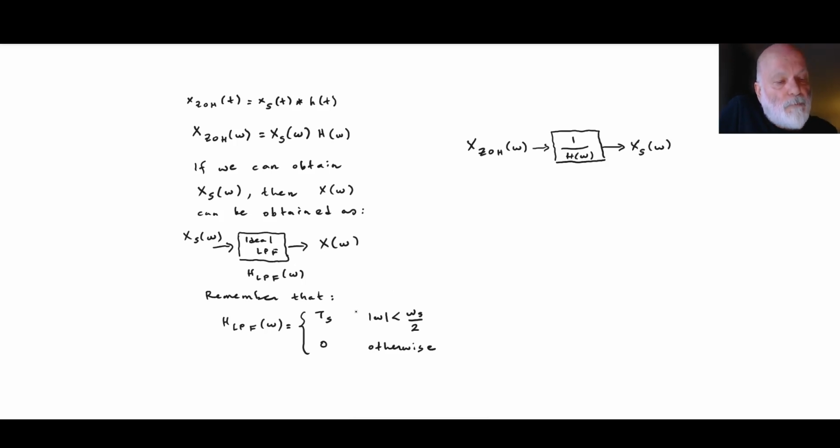So, in a way, we do not like this approach or notation, but we can start with X_ZOH of omega, and then use this as the input signal of a system whose frequency response is H_LPF of omega times 1 over H of omega.